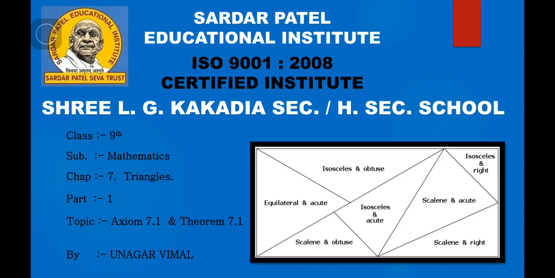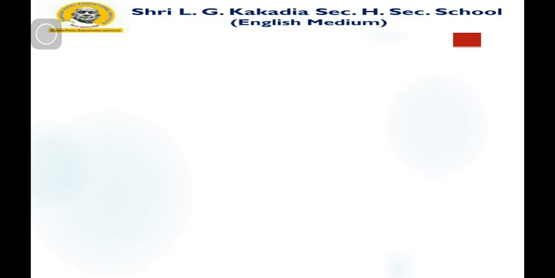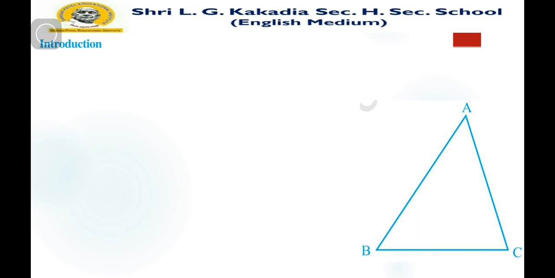So in this chapter we are going to discuss some properties of triangles. Let us first start from the introduction: what is a triangle? You can see in the figure that there are three sides, and at the intersecting points, which we call vertices, there are three vertices, and in that way we can say that there are three angles.